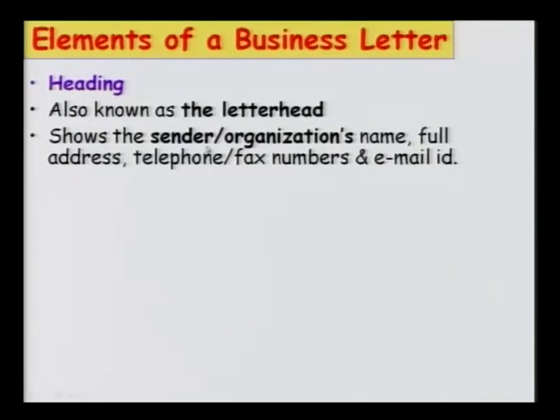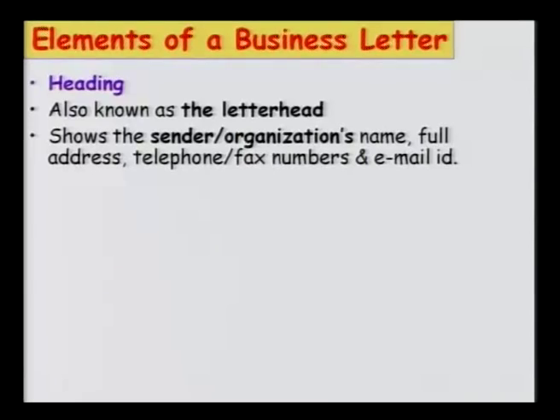It will show the sender organization's name, full address, telephone, fax numbers and email ID and any other details related to the company. Sometimes it will keep the logo of the company, sometimes nowadays all the important mobile numbers and so on. There are companies that will put their website also in this space.